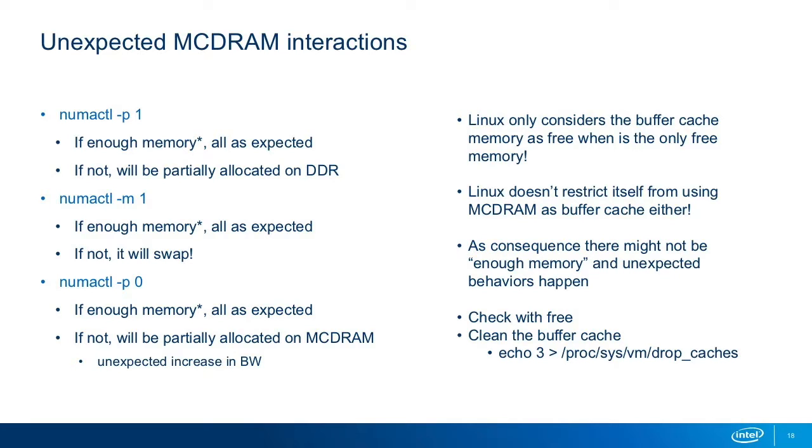And numactl -p 0 is what you probably take if you want to get all the memory. You get the DDR memory by default, and when it's full, it will partially allocate on MCDRAM. But this is rather seldom, I would say, that people would do that.